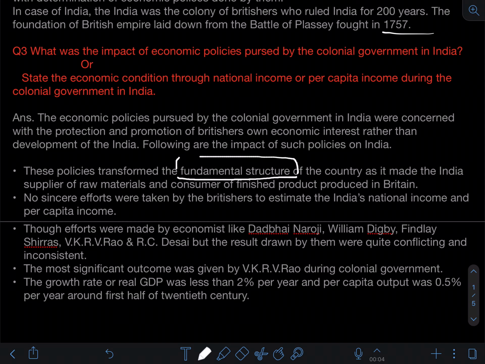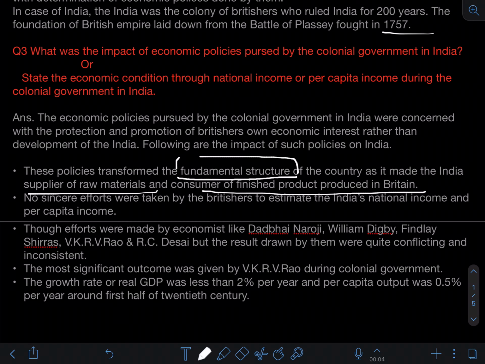So that fundamental structure changed the country from a supplier of raw material into a consumer of the finished products produced by the Britishers or Britain. Earlier, they were not supplying as much raw material, they were producing or trying to produce, or were engaged in the use of those raw materials through industries like silk or textile, cotton, or a few others.